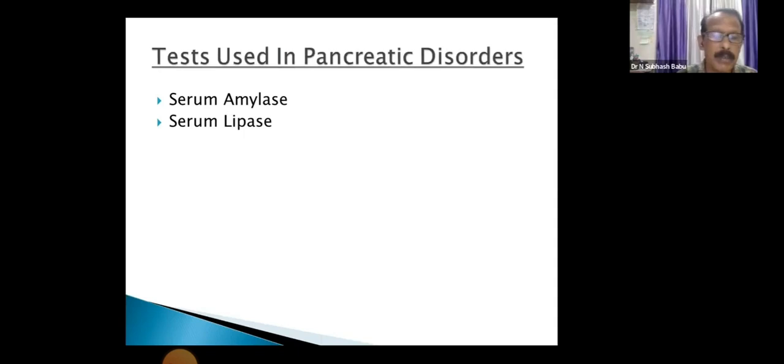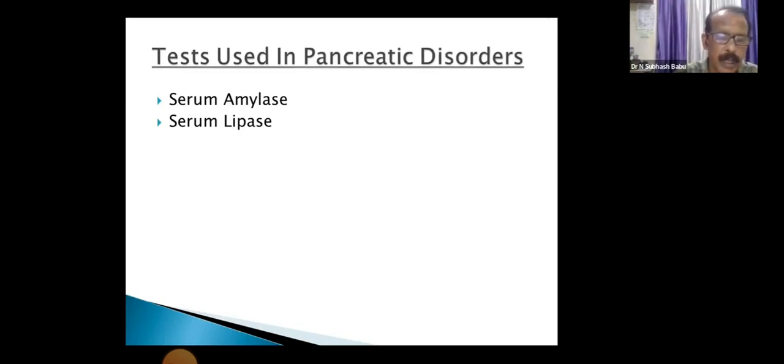Actually, in Ayurveda, very good treatment methods are available for acute and chronic pancreatitis. In that suspicion, we can confirm the diagnosis with the serum amylase and lipase, but you have to substantiate your diagnosis with ultrasonogram and all. Why?